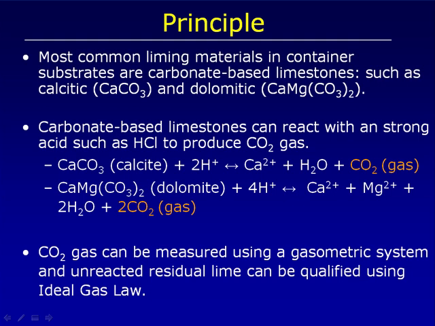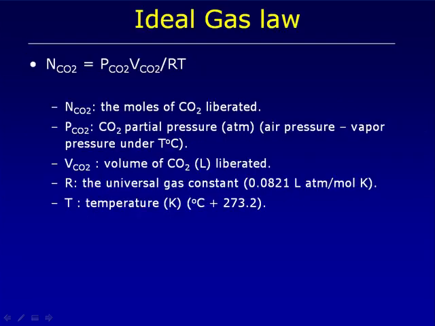To do this, we use the ideal gas law. In the ideal gas law, we can relate the number of moles of CO2 gas liberated based on the pressure and volume of CO2, the universal gas constant, and the temperature of our system.